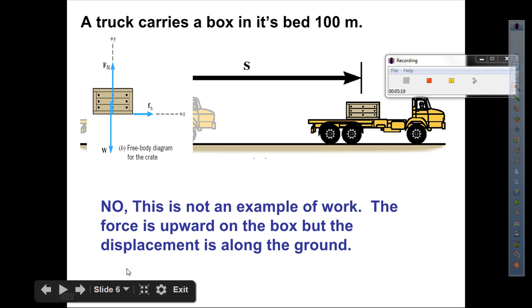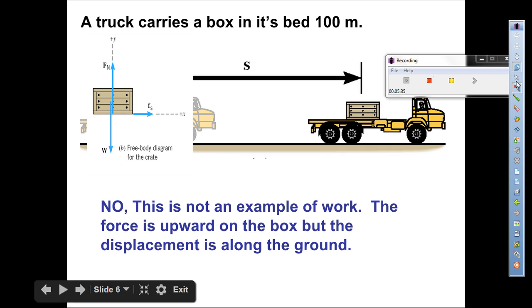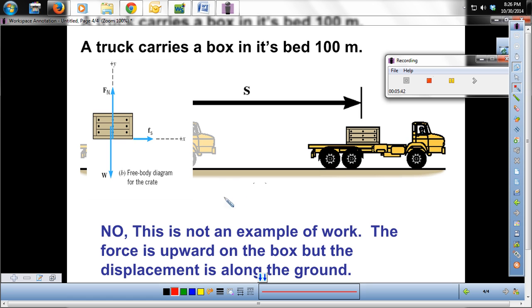It looks like on your slideshow or your note packet, it says if you push an object twice as far while applying the same force, you do twice as much work because the distance doubles, so the amount of work has to double. The next one says if you push an object just as far while applying twice the force, you're still going to do twice the work, because W is equal to FD.